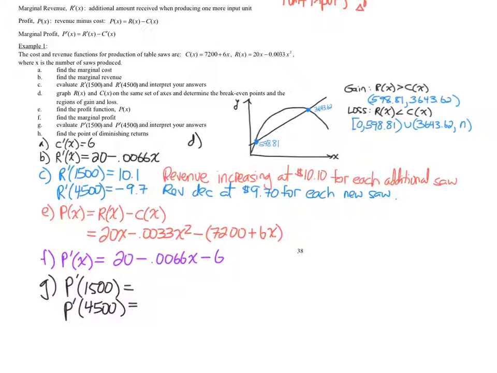One thing you could do, and this takes a little foresight, you could put your revenue function 20x minus 0.0033x squared into y2, and then 7200 plus 6x into y3, just so you have your revenue and your cost functions as separate functions, so you can graph it and do things with those. And then in y1, do y2 minus y3.